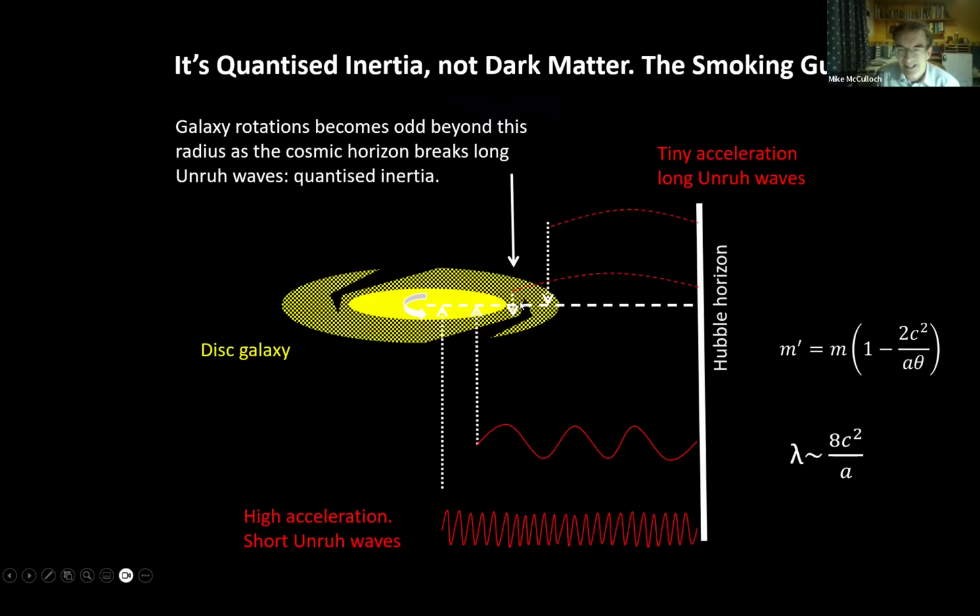But it turns out that at the exact radius that the acceleration is such that the Unruh waves are the size of the cosmos, the size we know its size, as soon as you get to that radius, that is when the behavior of the galaxy changes. The behavior of the stars changes. So this is a direct proof that it has to be Unruh waves that are causing this effect and quantized inertia.